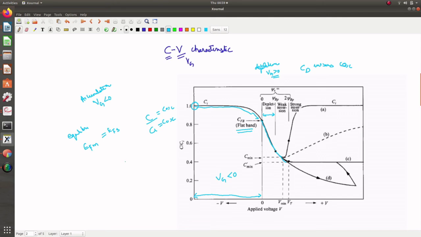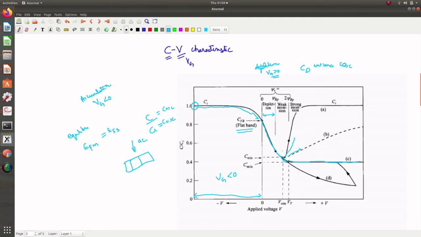Now the MOS capacitance, this capacitance is due to the DC bias, the applied DC voltage. Now these capacitances will be measured with an AC input. So depending upon the applied AC signal, the capacitance changes.